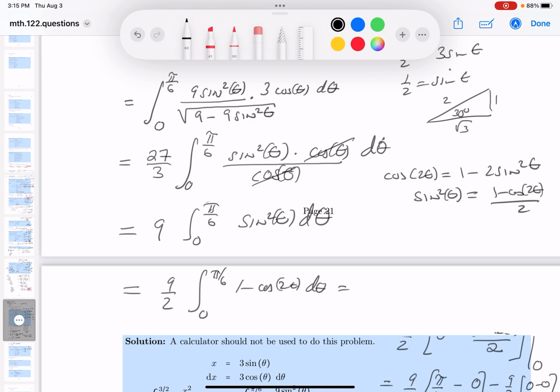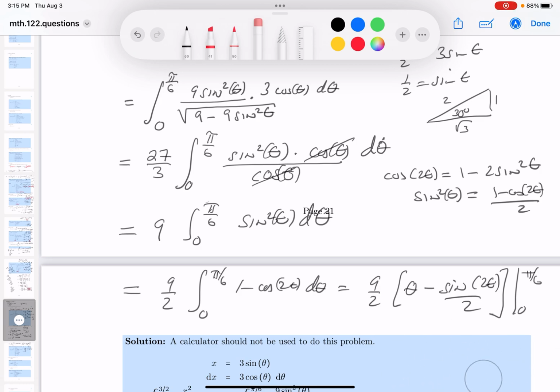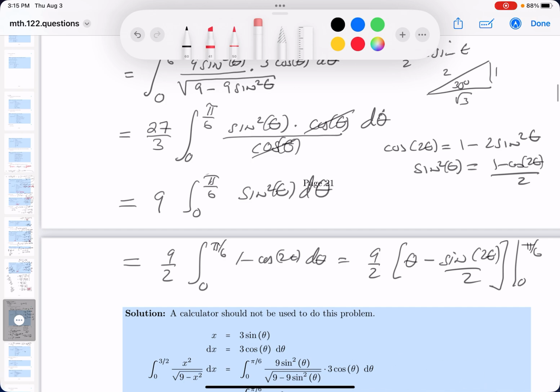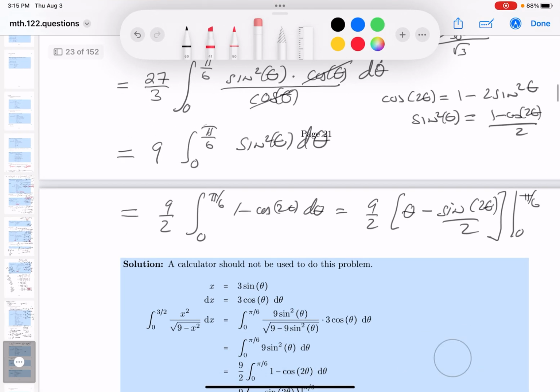I can integrate now, 9/2. The antiderivative of 1 is theta. The antiderivative of cosine 2 theta is sine 2 theta over 2, and the limits of integration go from 0 to pi over 6. All right, I'm going to erase here. So what do you get?